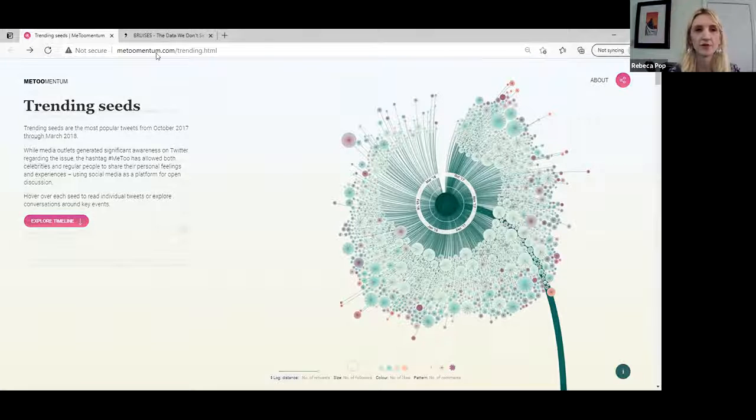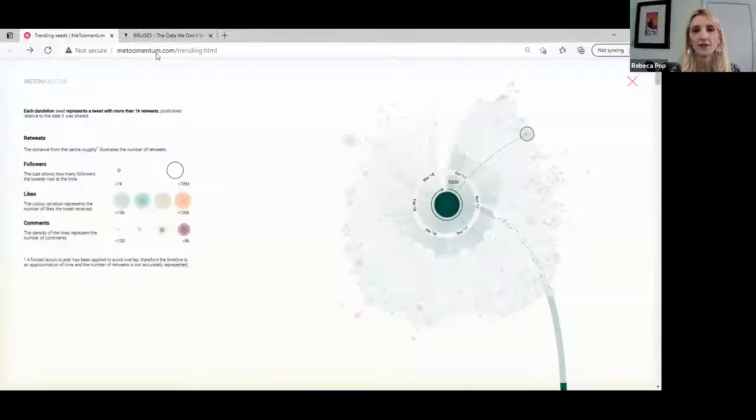And there's more information on the side in regards to the legend, how the data is encoded. So one, the distance between the center here and the circle represents the number of retweets. Then the number of followers is encoded in the size of the circle. So the larger the circle, the larger the number of followers of the user.